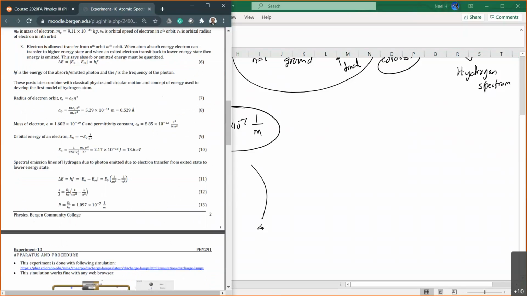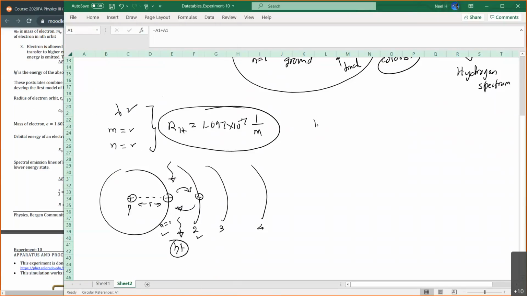Not only that, this RH is equal to E0 divided by hc for the hydrogen atom. Okay, this is valid precisely only for the hydrogen atom. If that is the case, by using that equation, I can calculate the Planck constant.